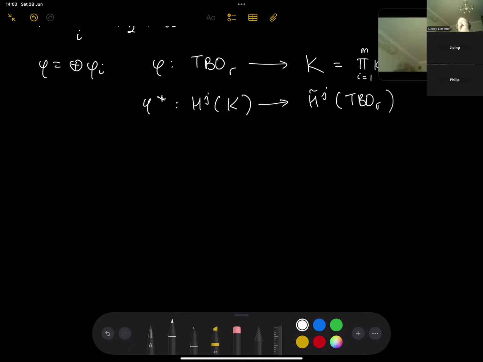Right. And this map is an isomorphism. In Z2, we have a basis here. It's Q^I u_i, where u_i is an isomorphism from degree such and such up to degree such and such, for j less than or equal to 2R.